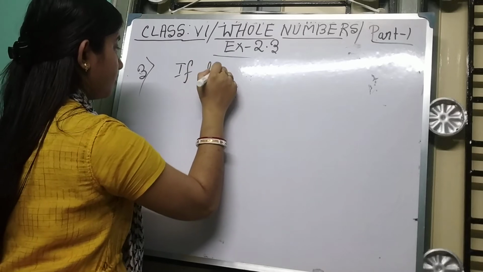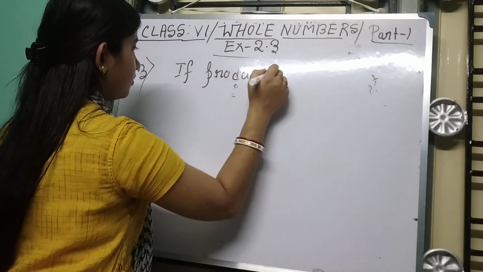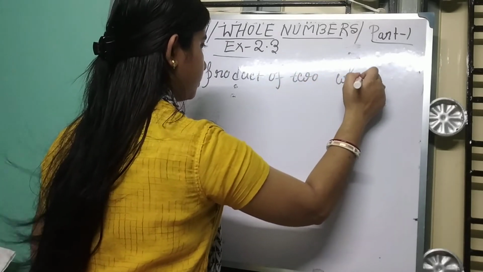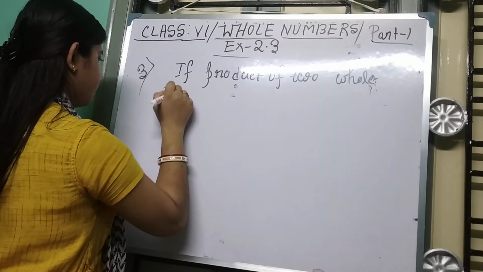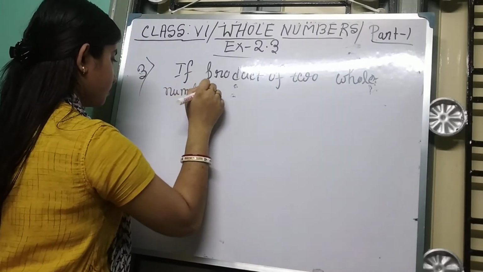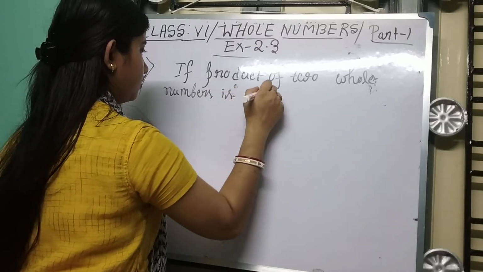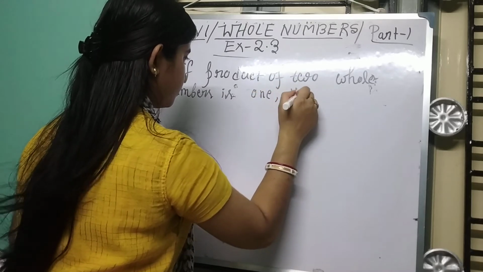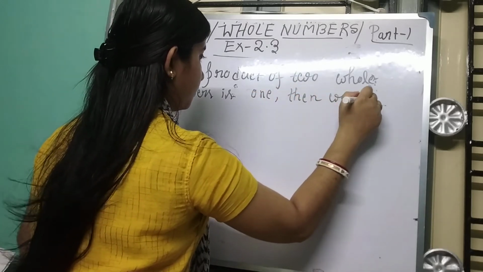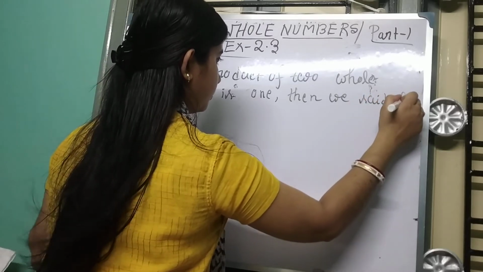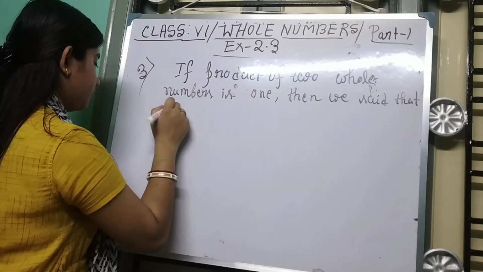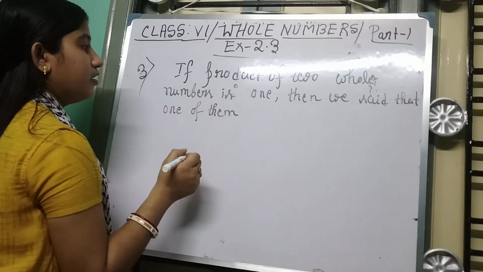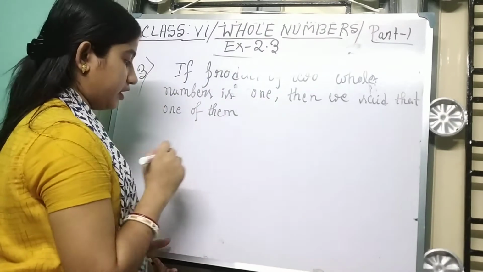If the product of two whole numbers is 0, sorry, is 1, then we say that one of them. Now suppose the product of two whole numbers.